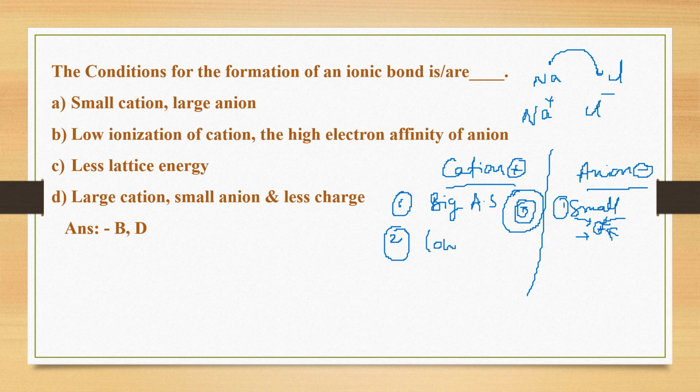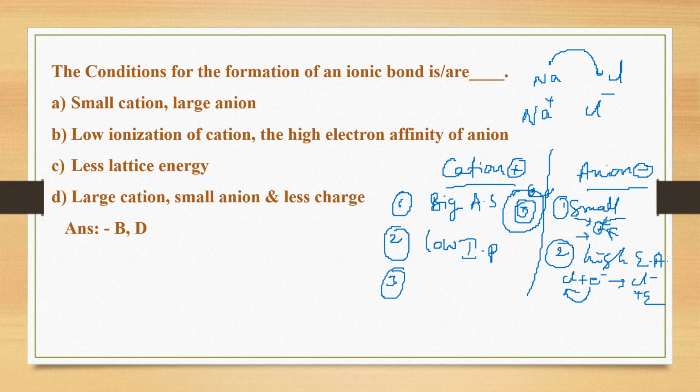Next, low ionization potential. Low ionization potential means less energy is required to remove an electron. So that is also a favorable condition. Then high electron affinity. What is electron affinity? When an electron is added to an atom, a certain amount of energy is released. That is electron affinity. So high electron affinity is required.